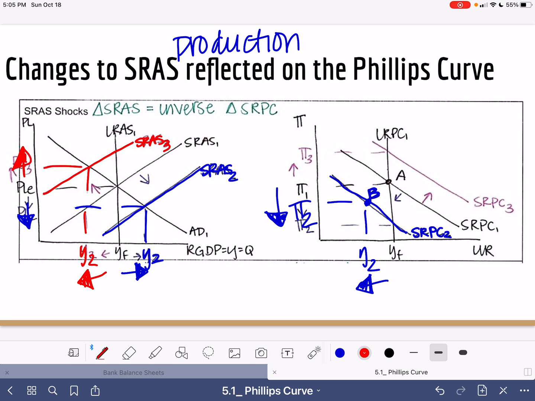So if we look at that on our Phillips curve, we are going to move to the right. So again, an inverse change. So here we have short-run Phillips curve. I'll label this point C. We have increased the unemployment rate, and we are increasing the inflation rate.